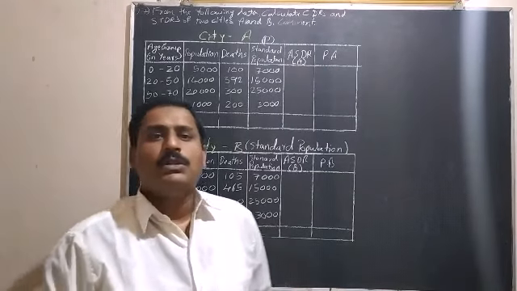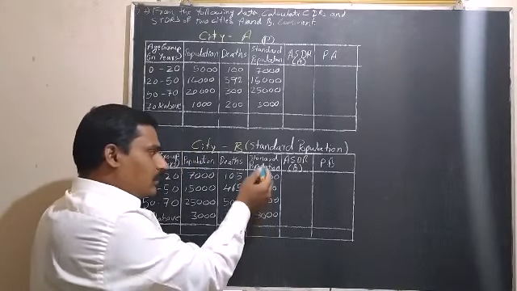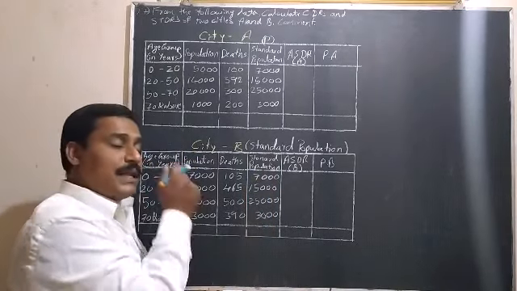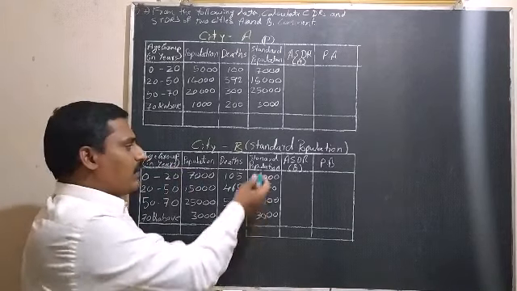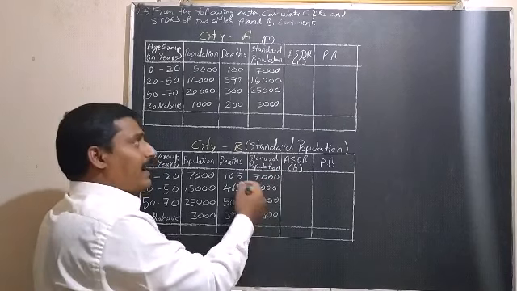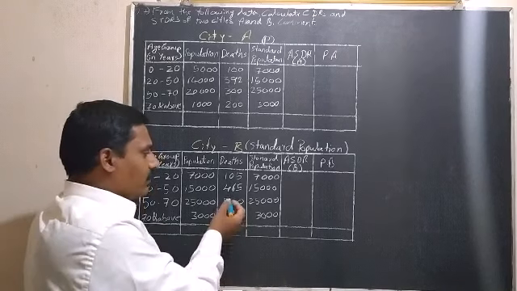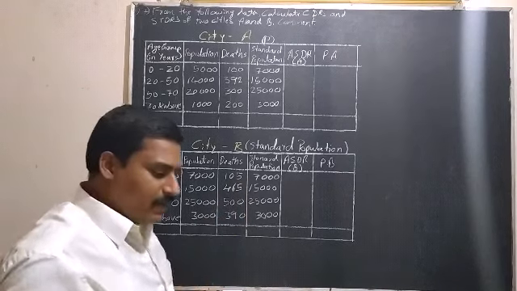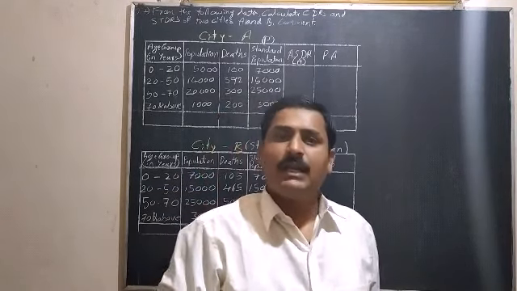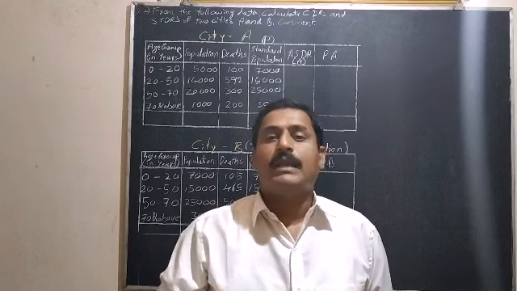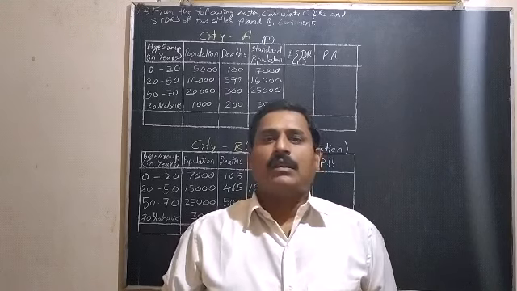And when it comes to city B, there also we have to write the standard population of the same city, because city B itself is a standard population. So I have written that here itself, and as usual how we calculate STDR for location A, in the same way we have to calculate for city B. And remember one thing, that when the standard population is one of the given cities or locations itself, then there is no need to calculate STDR.